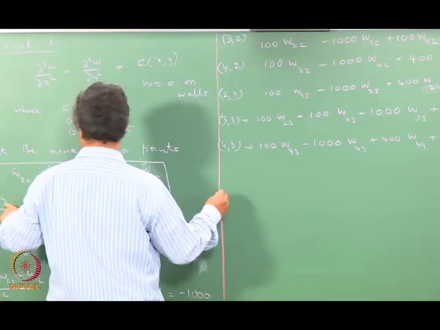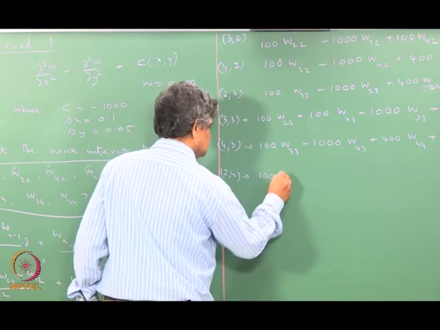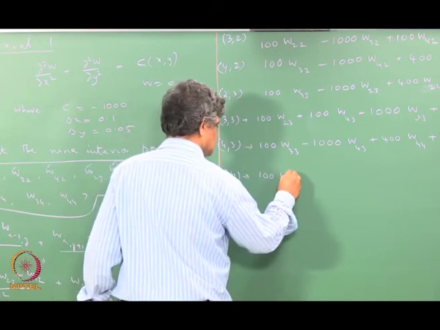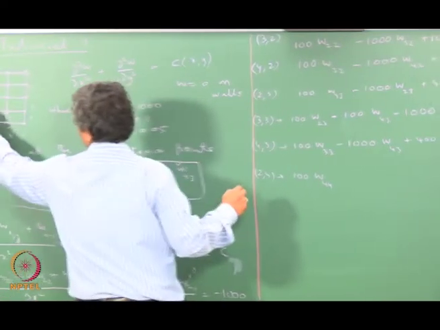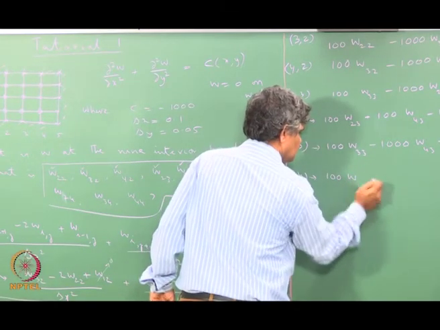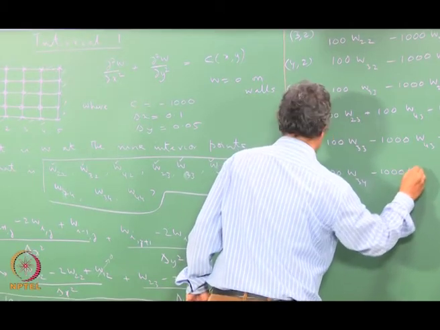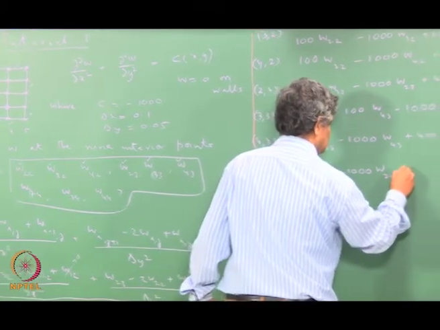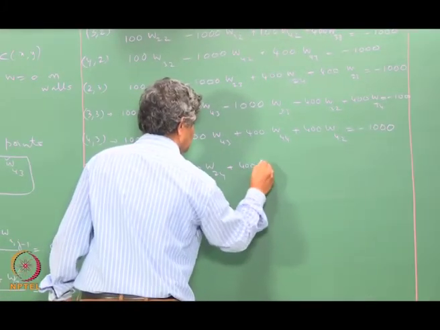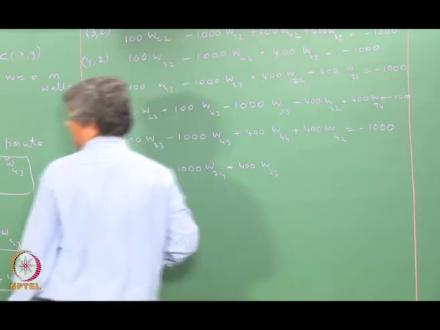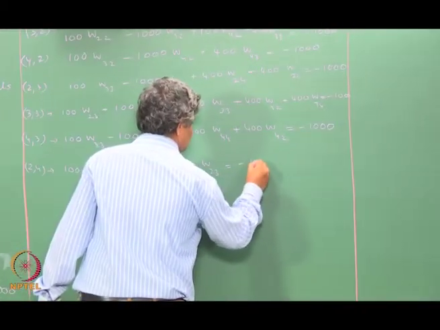So, this is 24: 100 of 34 minus 1000 of 24 plus 400 of W23, that is this point here, equal to minus 1000.